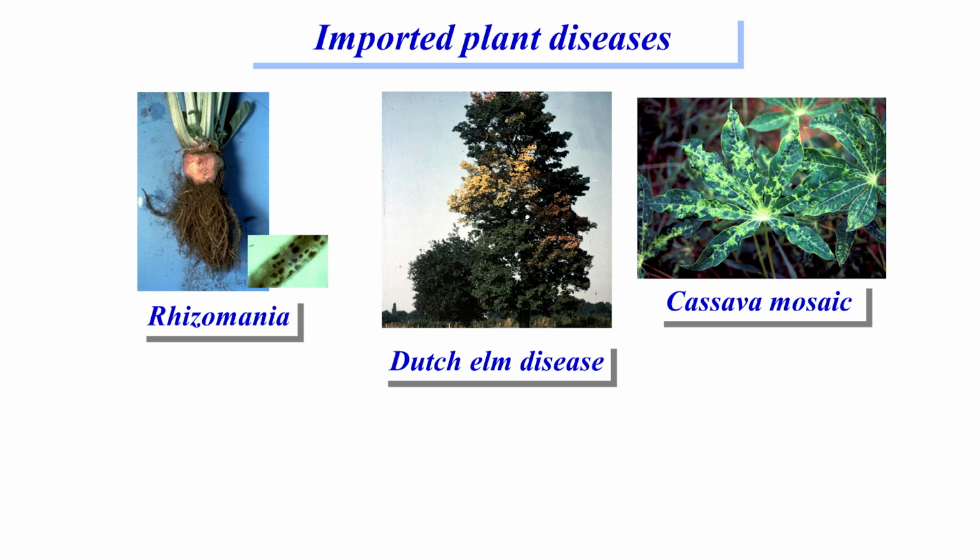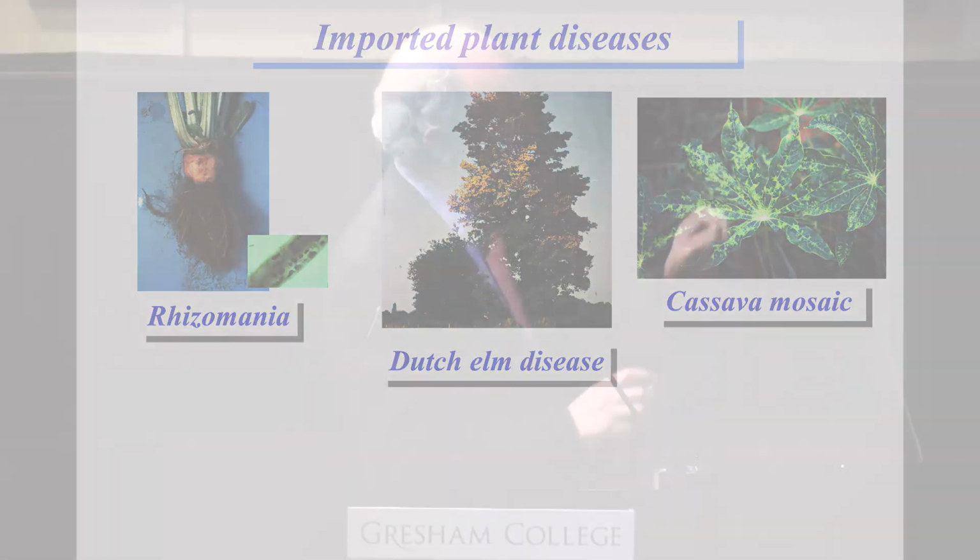This one, cleverly called Rhizomania, root madness, actually threatened the sugar beet crop in a large part of Western Europe and including the UK. That is caused by a virus that is transmitted by a fungal-like organism. Soil-borne, this is a virus, not caused by a fungus.